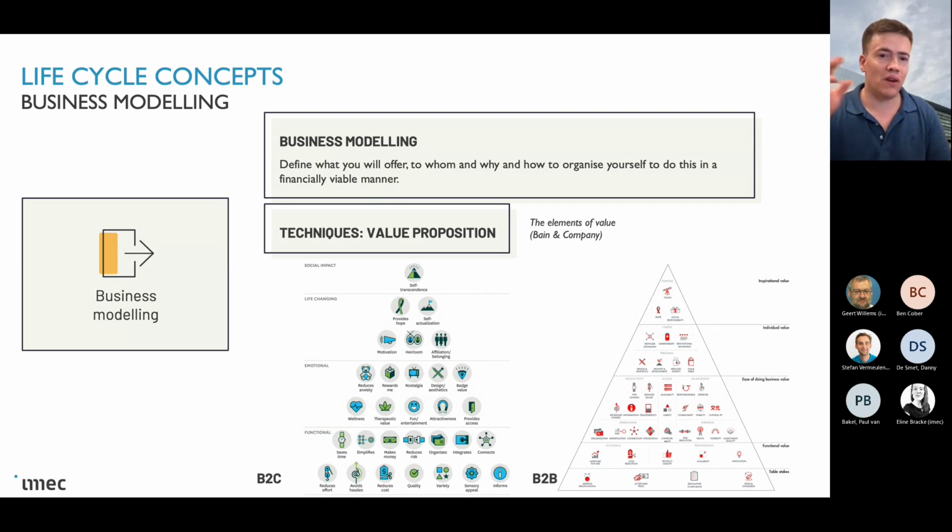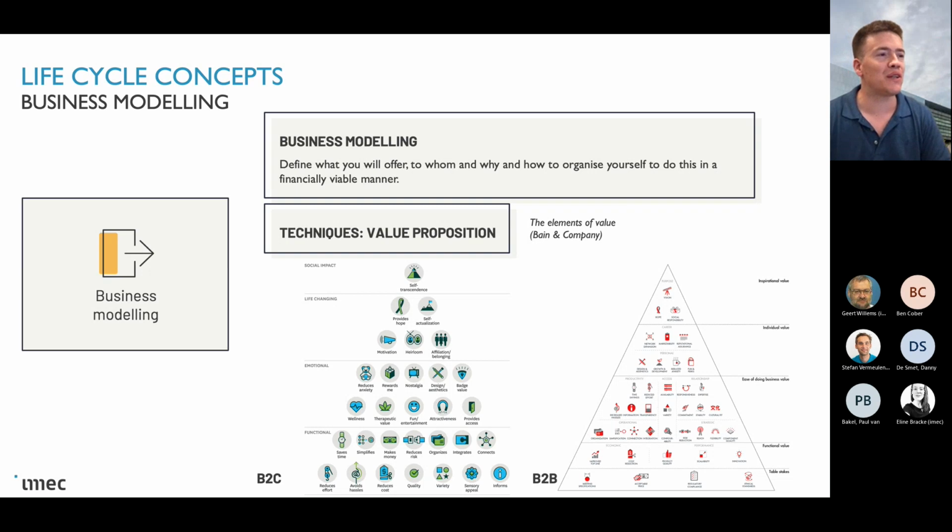What I would also suggest might be known for you is from Bain & Company. They have different values which you can use to create your value proposition, going from the bottom all the way up, where they say that the higher your value is, the better it translates to a potential customer.